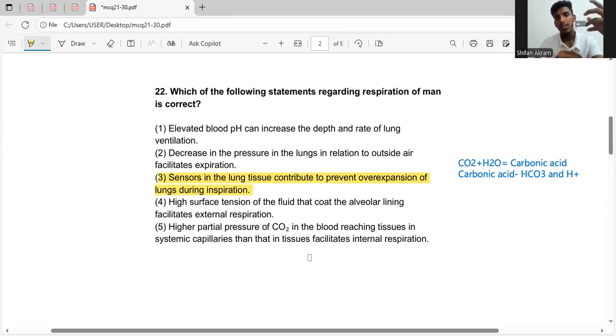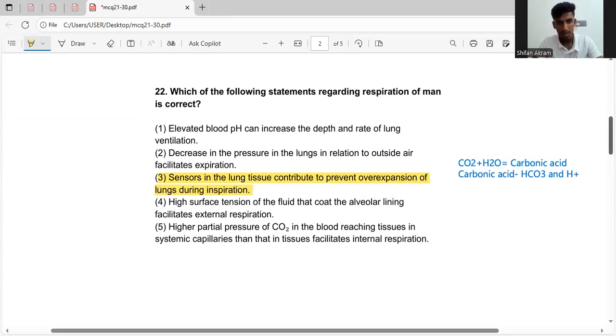So if it is that way, will carbon dioxide travel from the tissues to the blood? Think about it. No, right? Because carbon dioxide only travels from high partial pressure to low partial pressure and not the other way around. So this is wrong because then it doesn't facilitate internal respiration. So we can eliminate that answer.